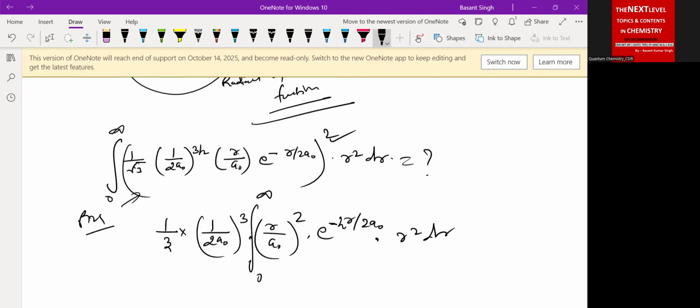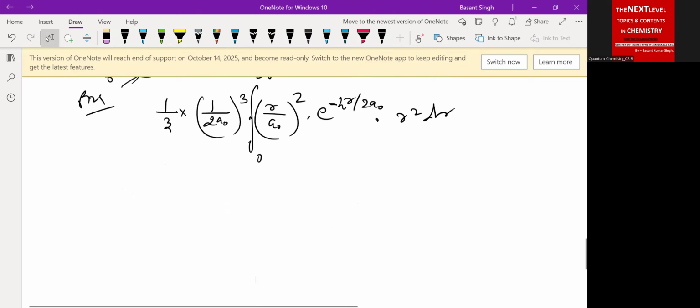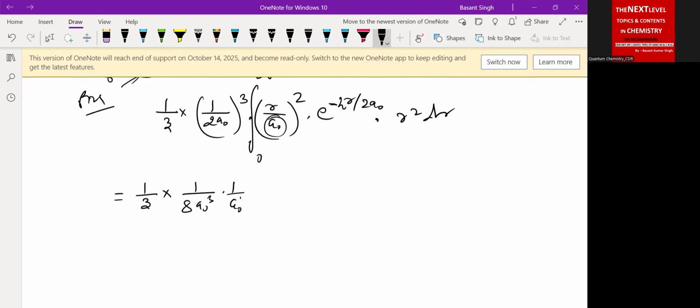This is a constant term, and another constant term a naught is also here. So this becomes 1 by 3 into 1 by 8 a naught cube into 1 by a naught square, and then the integral from 0 to infinity of r square times r square, that is r to the power 4, e to the power minus r by a naught dr.